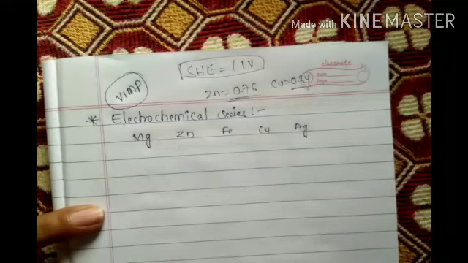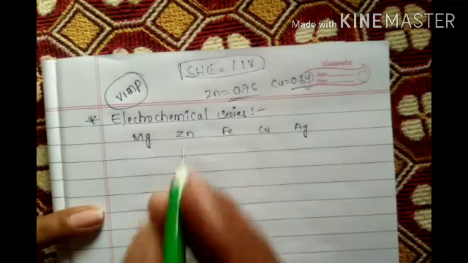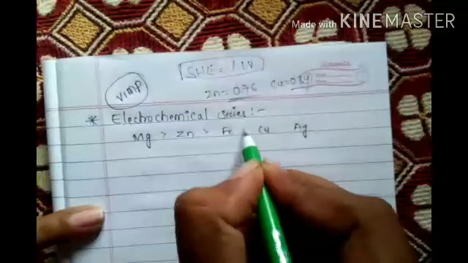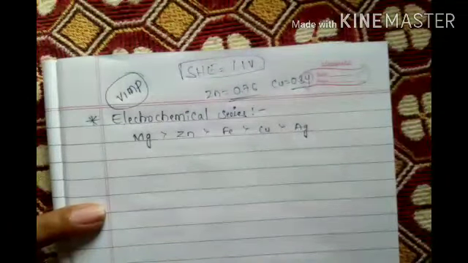Which is highest oxidation potential or reduction potential, we don't know. There is no sequence with number of electrons or ionization enthalpy. These kinds of things are not important here. But simply we have to remember the sequence. That's it. Magnesium is highest in metals. Silver is lowest.